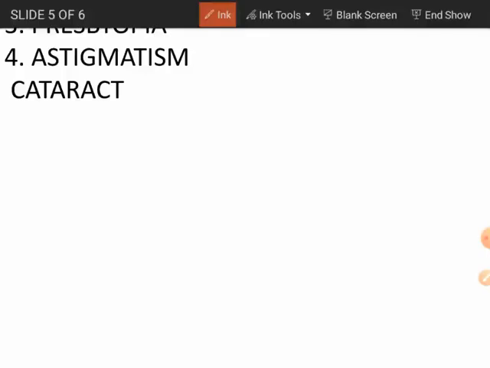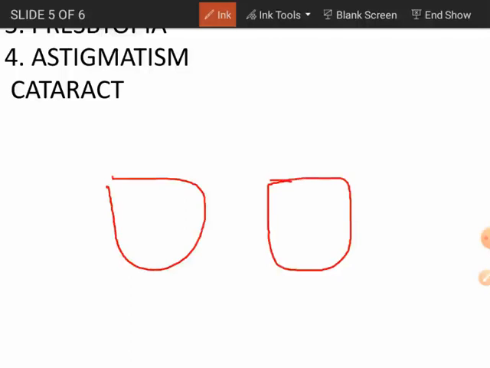You might have seen some persons wearing spectacles that use two types of lenses like this. So let me draw a diagram for a spectacle. Just try to watch it. I'm not very good at drawing these diagrams, but I will still try to give you the concept of it.